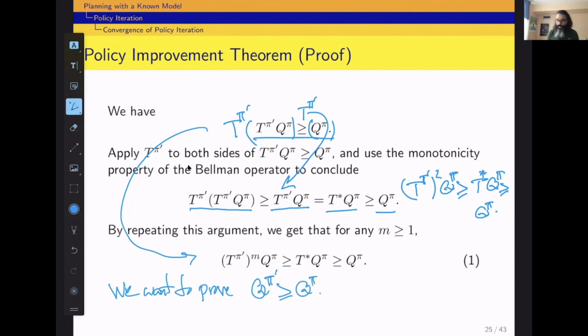That's what we want, and what we have is these inequalities. It might not be super obvious how to get to that point. We did something like that in the last lecture, but let's see if we can have any ideas here.